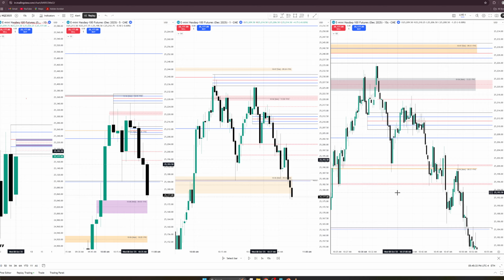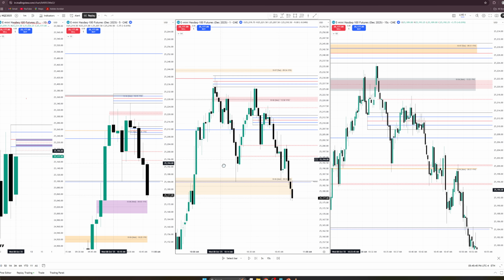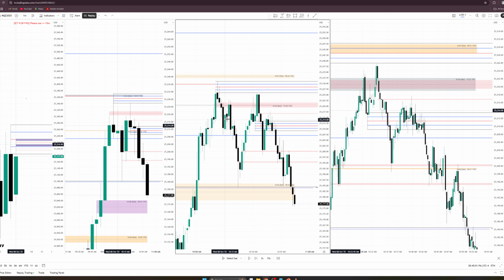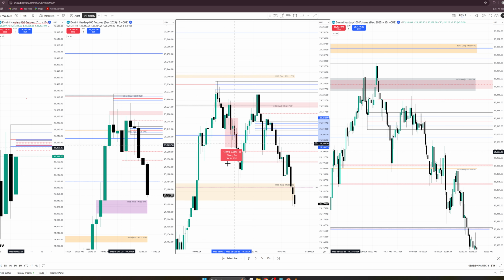But if you see, most of my trades are completed within 15 minutes, maximum, and some trades are completed even within 30 seconds or 10 seconds. For example, this trade which I took here, how many candles did it take to complete? 1, 2, 3, 4, 5, 6, 7. So this trade was completed in 7 minutes.